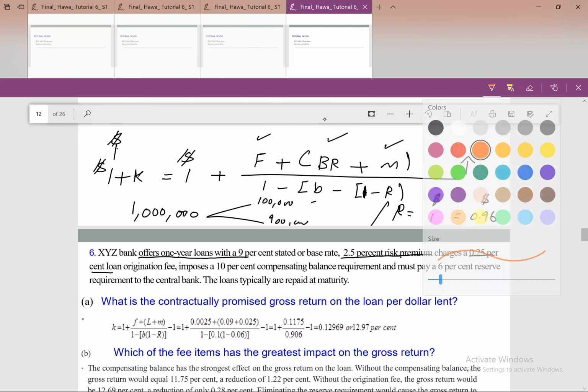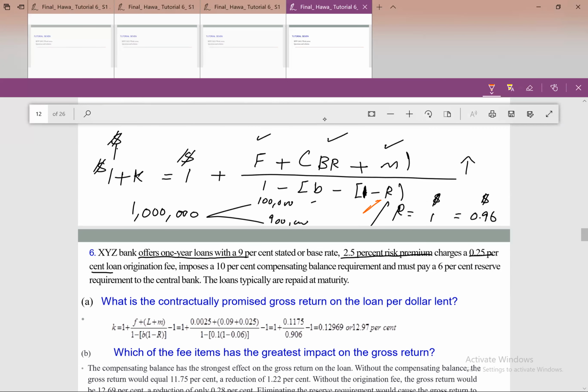They pass these costs to the customer. So this is the 4% here. And this is for the 10%, for example. I want you to understand this very carefully because it affects this pricing formula.